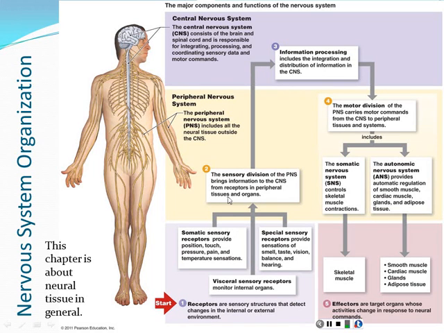So we have three main kinds of receptors. We have what we call the somatic sensory receptors. These are all the sensations from the skin. So this is touch, pain, temperature, vibration, position. All of those things come from the skin. So we call those somatic senses.